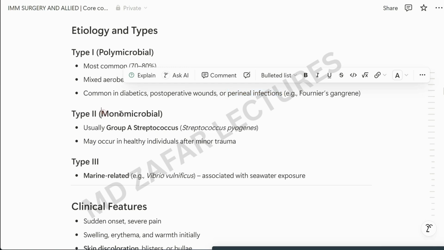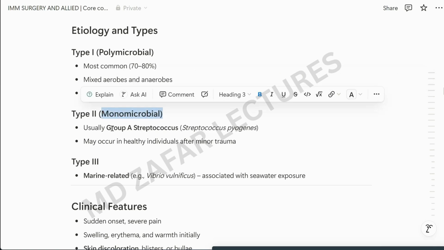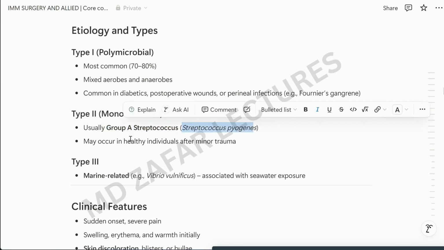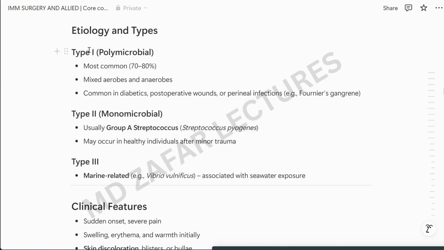It is monomicrobial and the most important bacterium is group A Streptococcus, another name for which is Streptococcus pyogenes. It is found in healthy individuals after minor trauma. So type 1 is polymicrobial and found in immunocompromised patients, but type 2 is single organism based and found in healthy individuals after minor trauma.